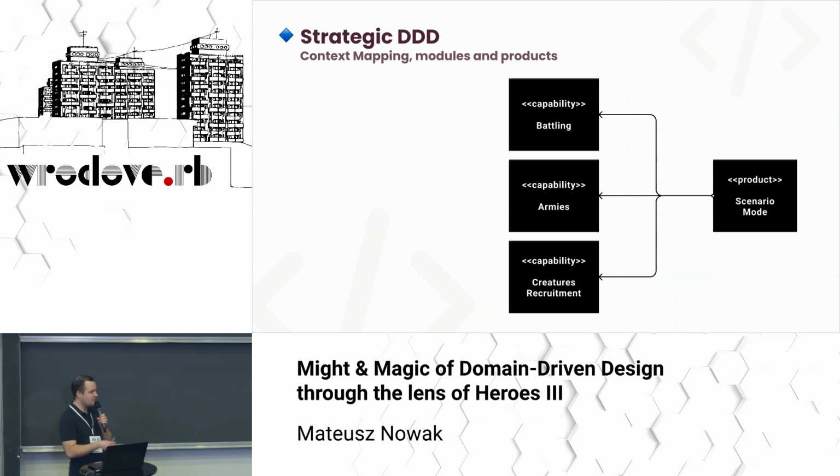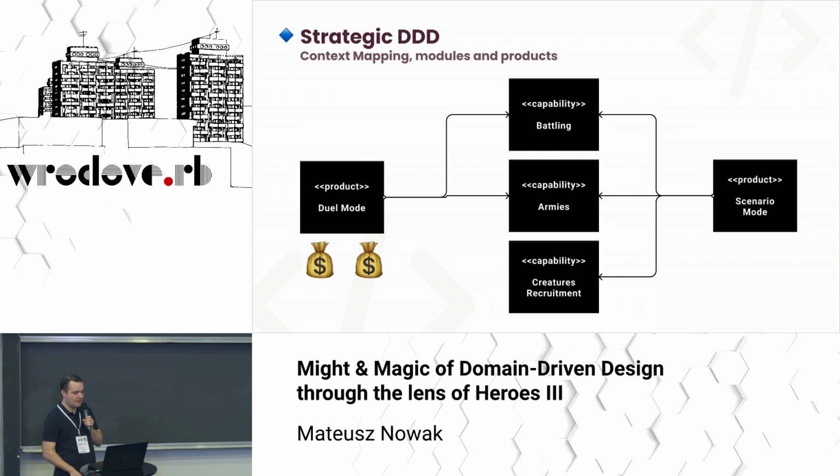In the game, we have a basic mode, which is called scenario, that connects all those parts. We can explore the map, we can capture mines, do the battles, etc. But in Heroes 5, a different game mode was introduced.